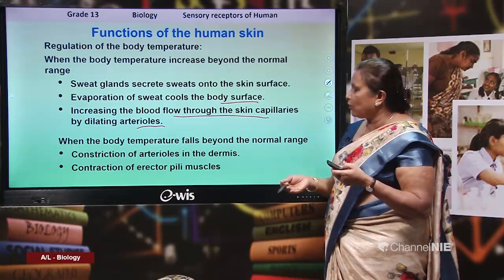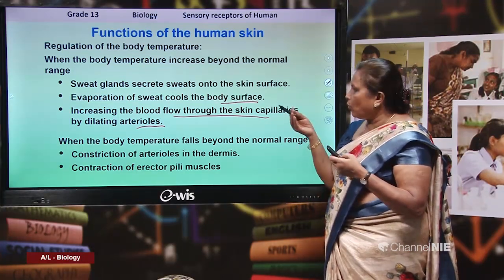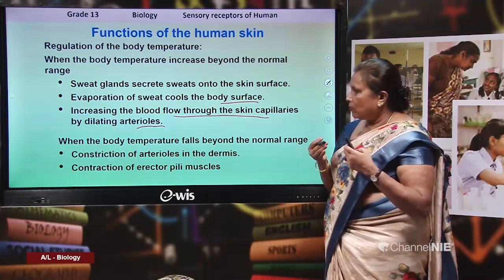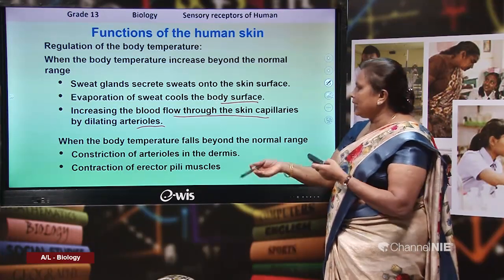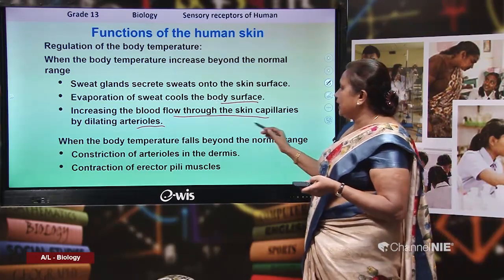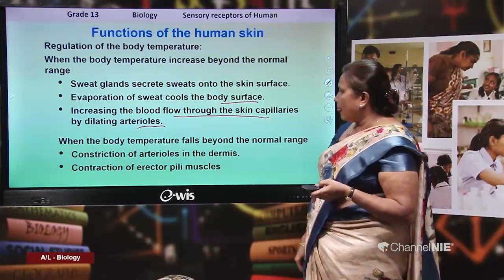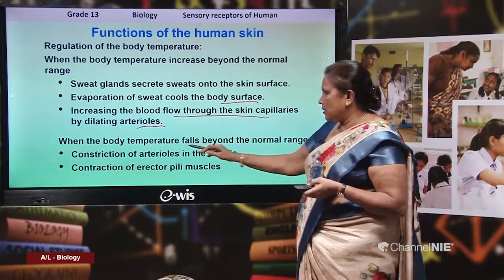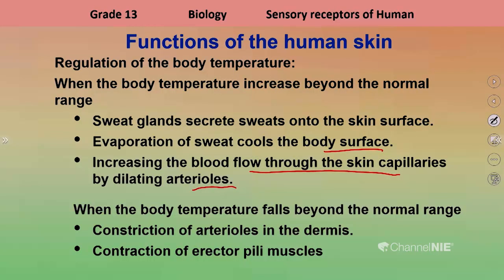Body core heat is taken to the surface through skin capillaries and blood vessels. When the body temperature falls below the normal temperature, the blood vessels constrict, right?